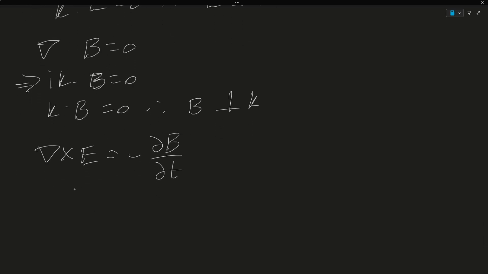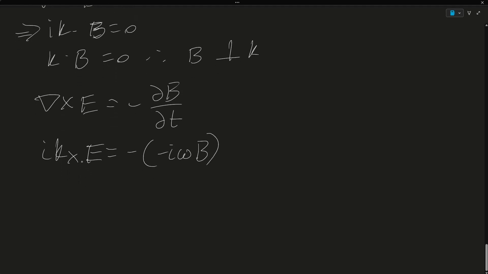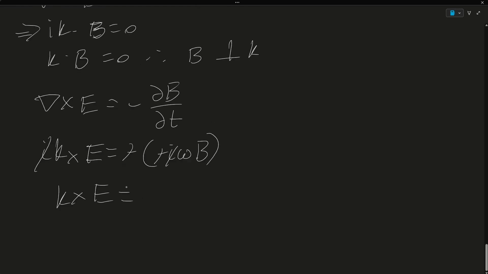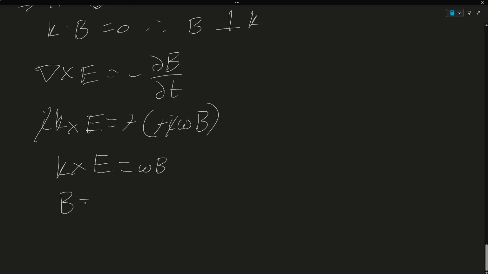Again, we have derived operators for both of these, so i k cross E equals minus times minus i omega B. Those would cancel, there's an i on both sides, like that. So k cross E is omega B, and thus B is equal to 1 over omega k cross E.